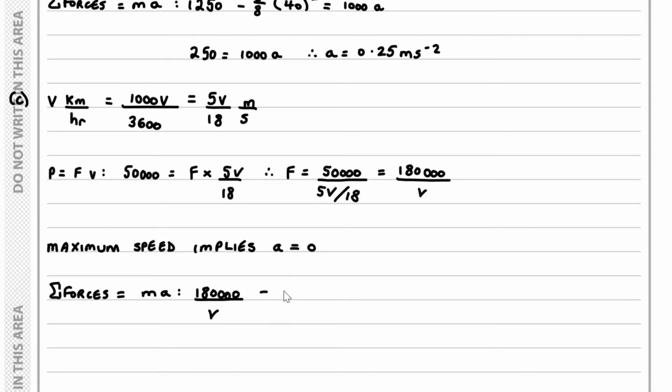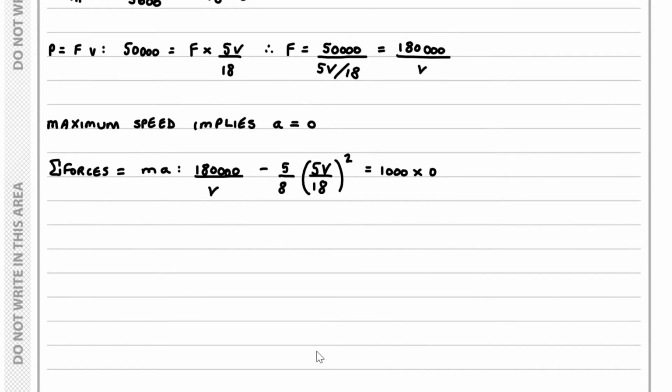So here we're going to have c, which is 5 over 8. And then we multiply this by the 5v over the 18 squared. This is equal to 1000 multiplied by 0.